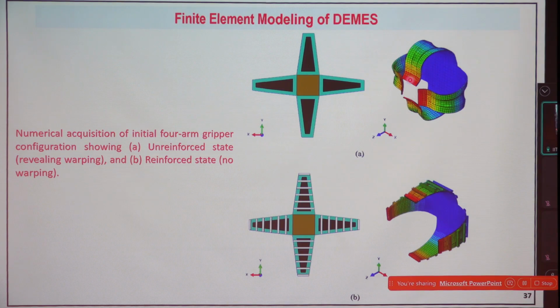When it tries to hold some object, it is already bent out of plane like this and will not be able to grip that object. To avoid that, a stiffener has been implemented, and you can see how effective it is. For example, if the voltage is increased, it can initially hold the object, and when the voltage is applied, it can release the object. So the incorporation of the stiffener plays a very, very important role. Fine. Any question till now?